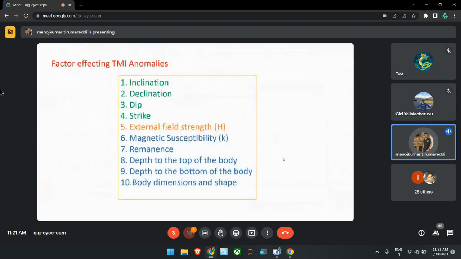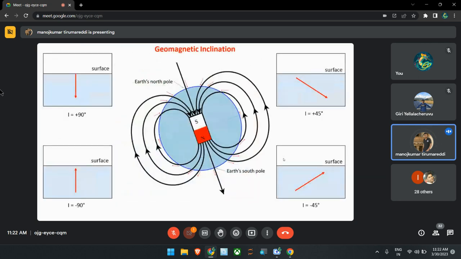Okay. First, we will see how TMI anomaly patterns will vary with respect to inclination. See, geomagnetic inclination means the angle between the horizontal and the field direction in a vertical plane. So most of the field of internal origin can be represented by a dipole.